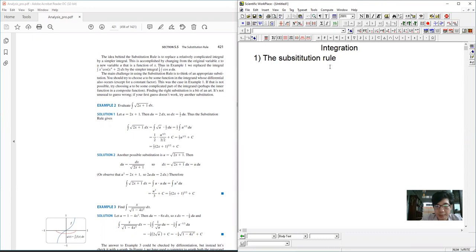We could call this method the substitution rule.